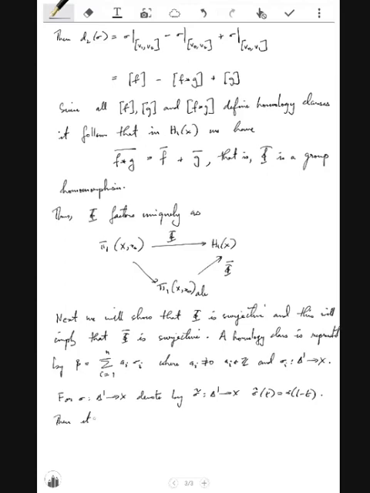Then it can be checked easily that sigma plus sigma tilde, an element in C1 X, is in the image of the boundary of T2.